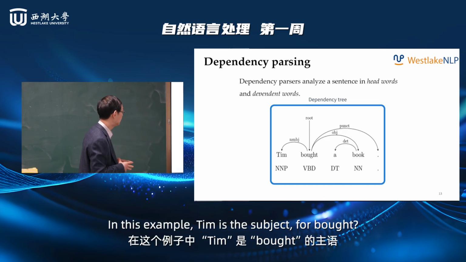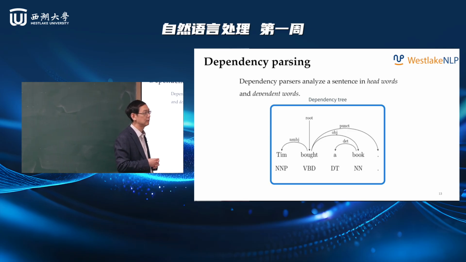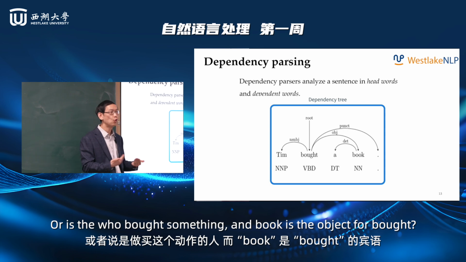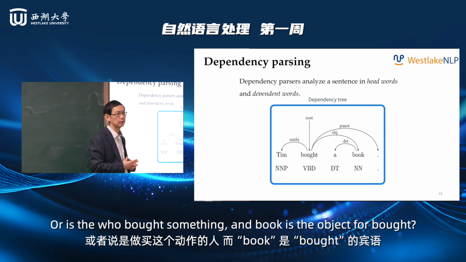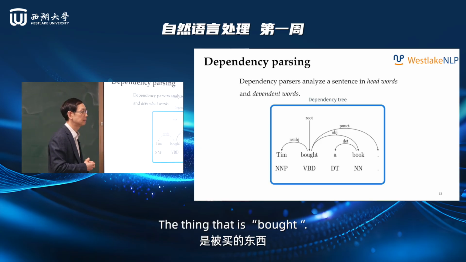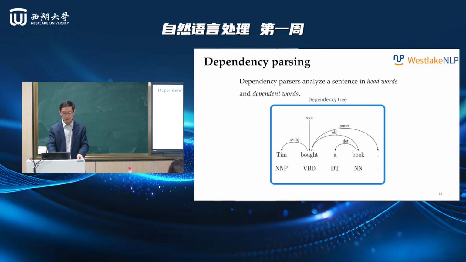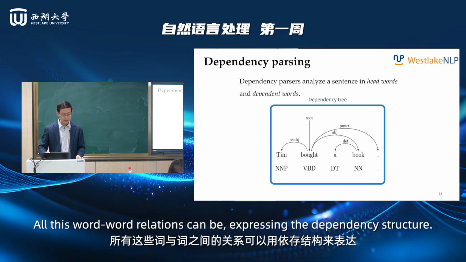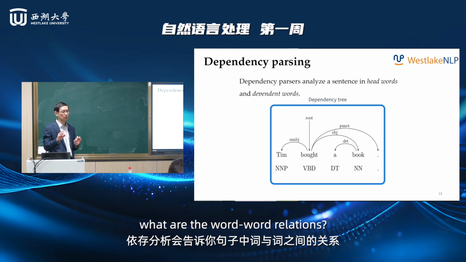Like in this example, Tim is the subject, right, for bought, or is, like, who bought something. And book is the object for bought, okay, the thing that is bought, all right? And a is a determiner, all right? All these word-word relations can be expressed in a dependency structure. So dependency parsing will tell you, in a sentence, what the word-word relations are.